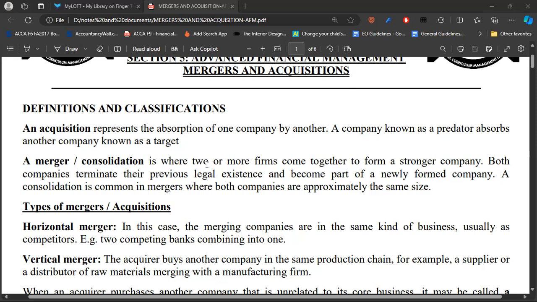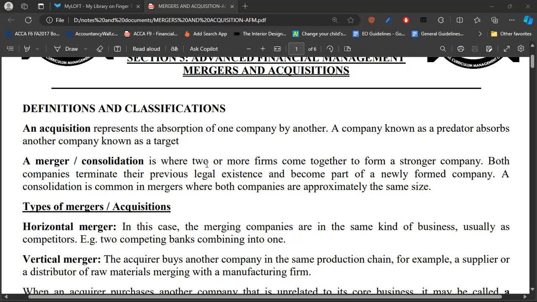Now, I just want to look at topic 3, a very crucial topic. I know the people who have done advanced financial management for quite some time have come across questions of mergers and acquisition every semester. When we discuss an acquisition, it represents an absorption of one company by another.